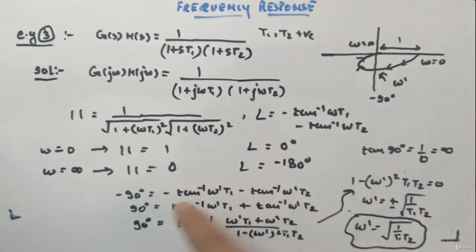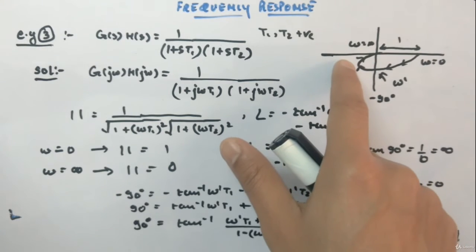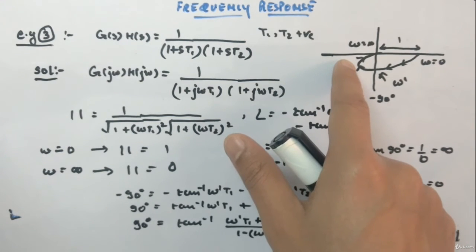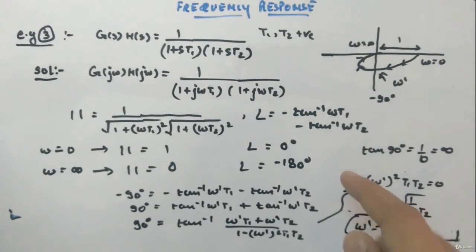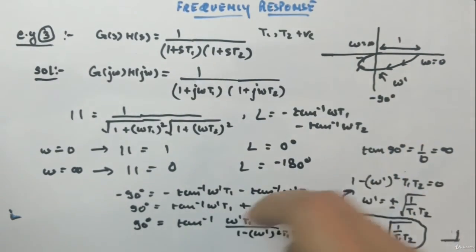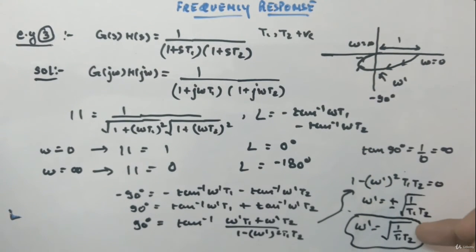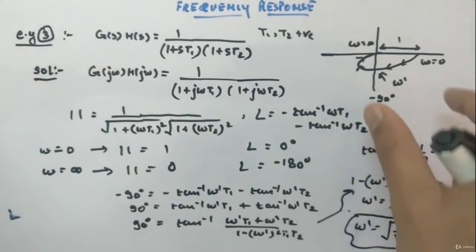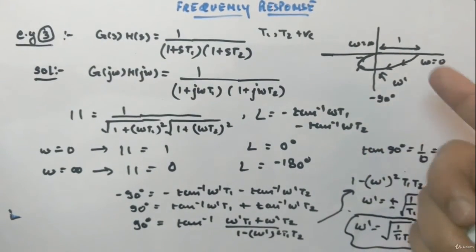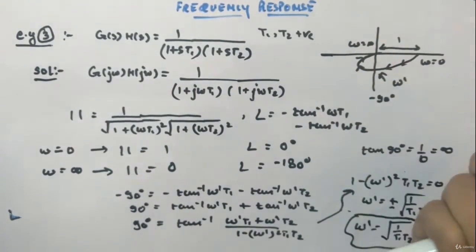For example, if I put minus 180 degree to check whether it will cut the minus 180 degree angle line or not, then omega will come out to be not defined. But here it is cutting the minus 90 degree axis, that's why omega is coming out to be some value. That's the way you can check whether the curve will cut the axis or not.